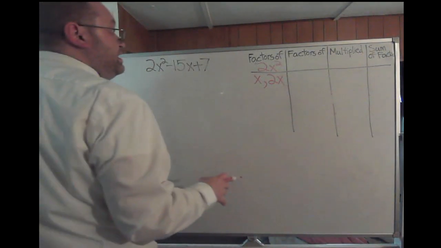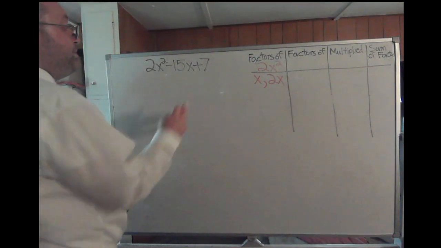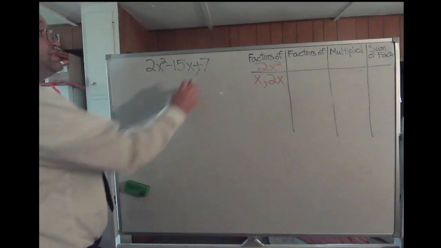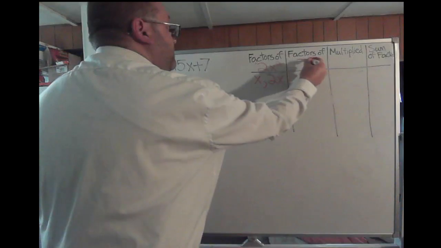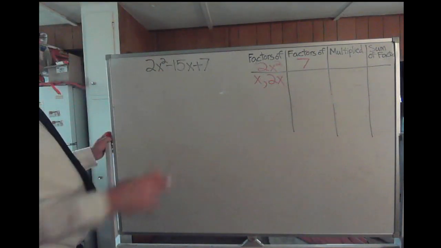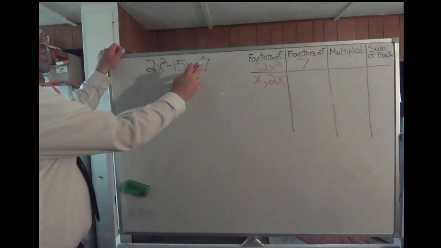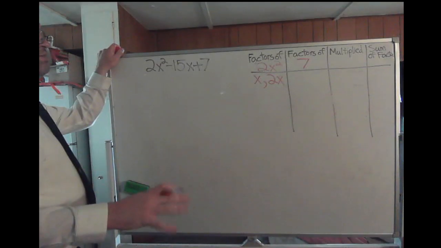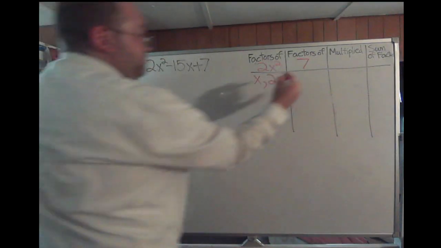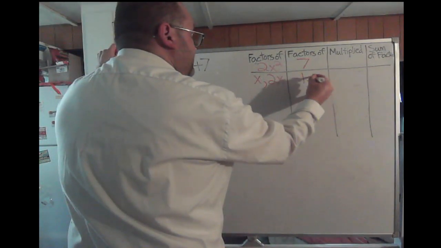Okay. Now, we need to find factors of positive 7. However, notice the middle term is negative. We're going to have to find two negative factors of 7 that would work, which would be -1 and -7.